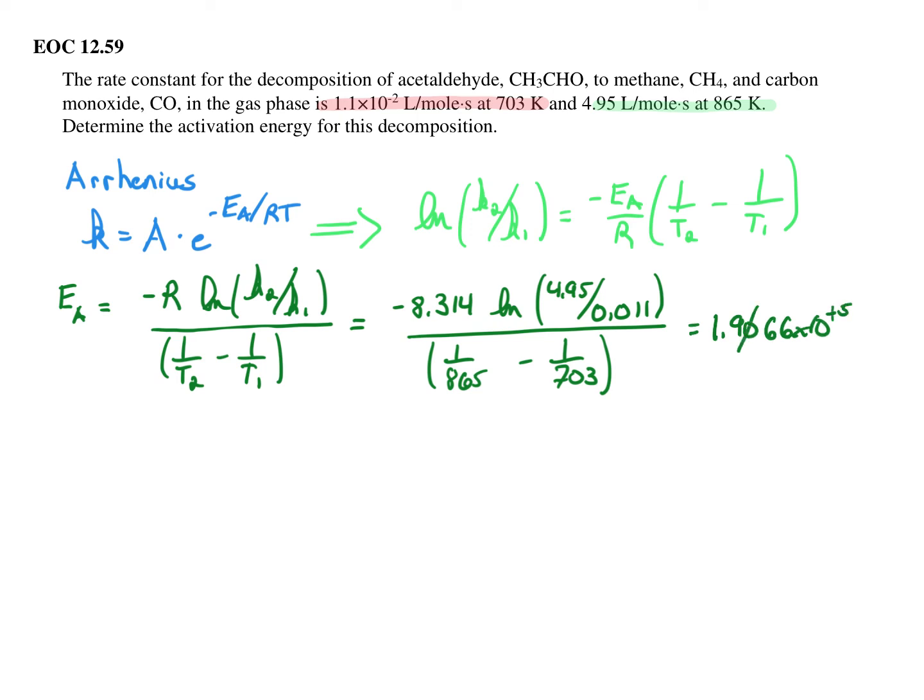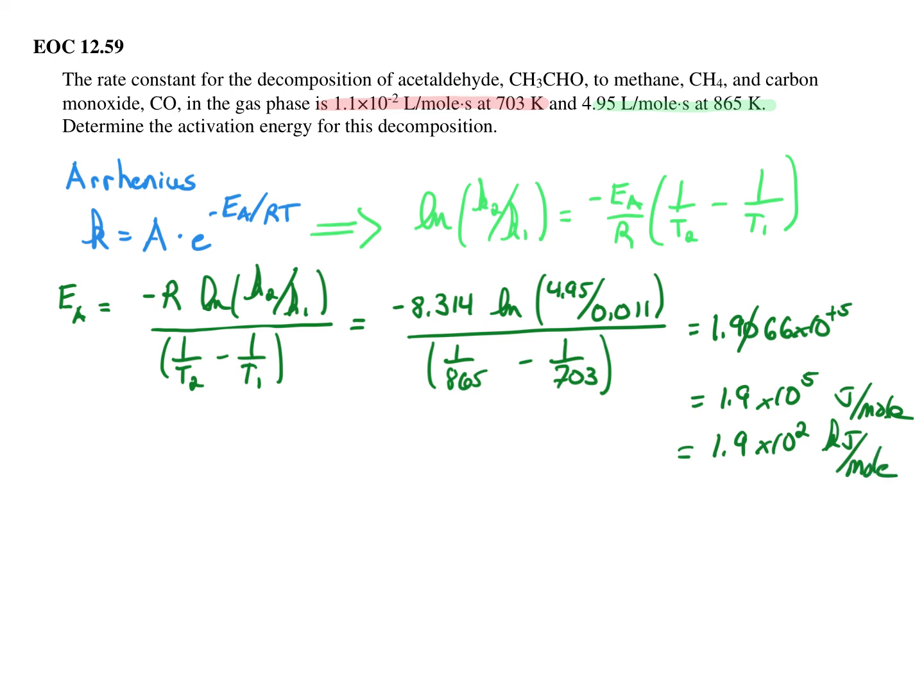We'll limit ourselves to 2 sig figs. So this is alternatively 1.9 times 10 to the 5th joules per mole, or 1.9 times 10 to the 2nd kilojoules per mole.